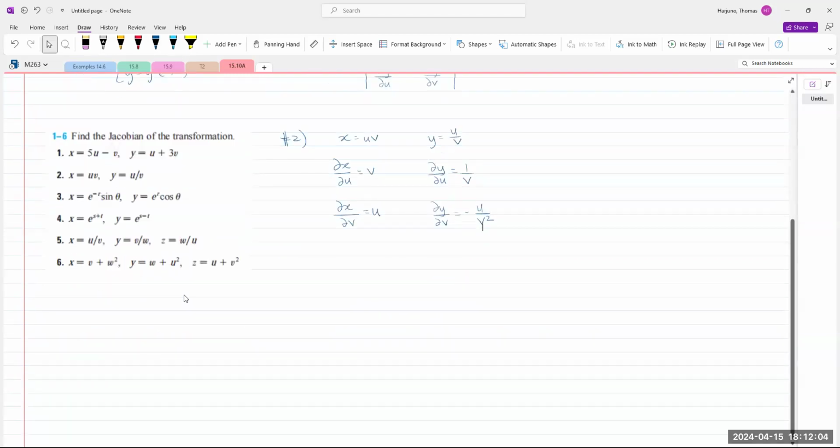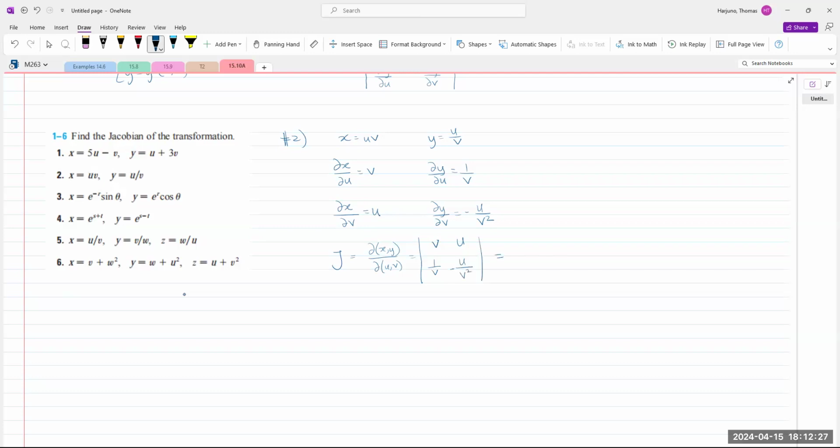So the Jacobian J in this case, ∂(x,y)/∂(u,phi), is the determinant of phi, u, 1 over phi, negative u over phi squared.